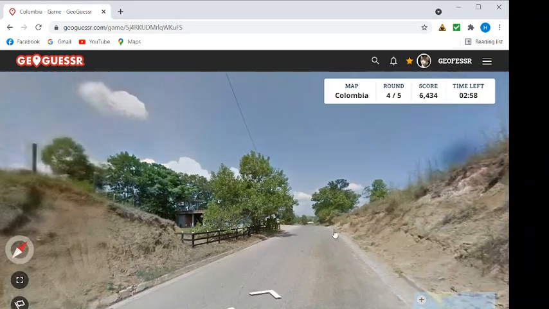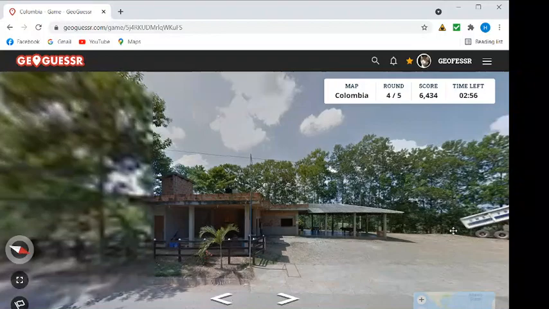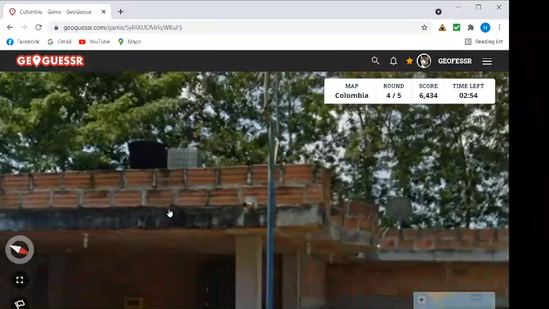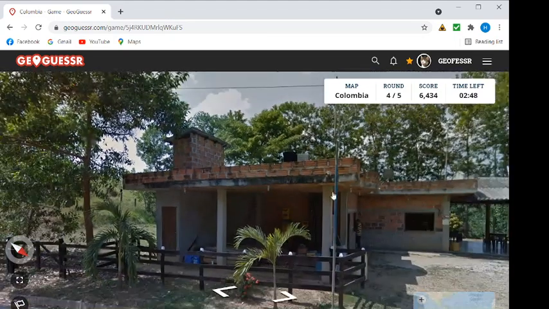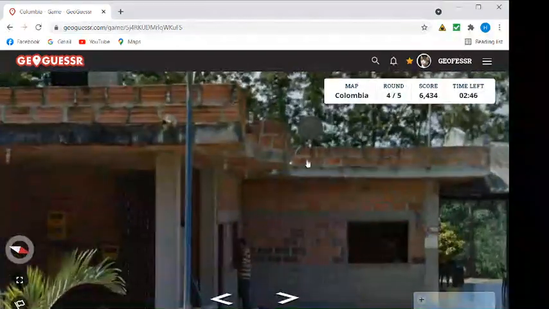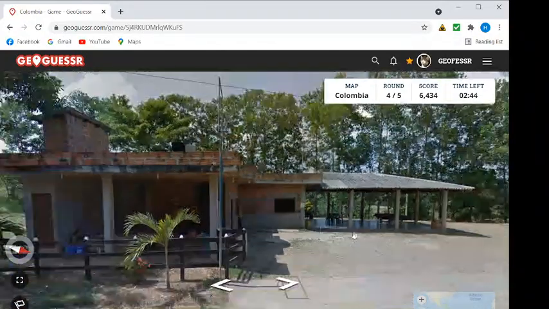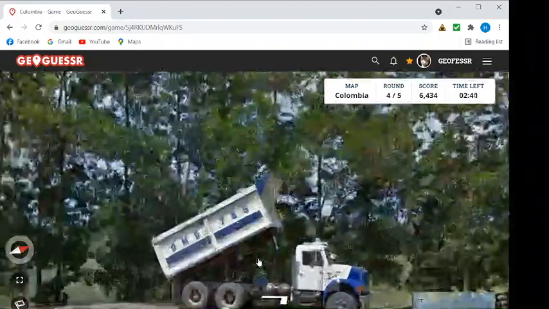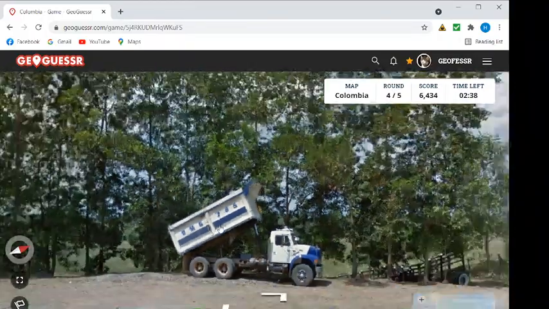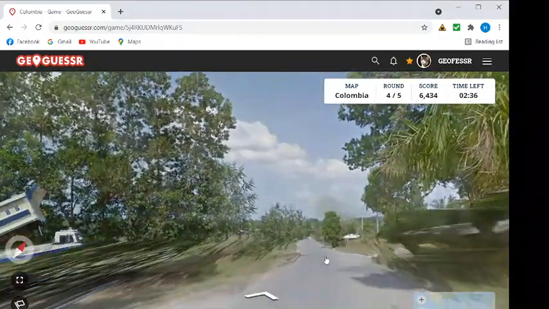Okay, next to last round, right? We have very Peruvian or Bolivian sort of thing with the bricks, the bare bricks. OMG.